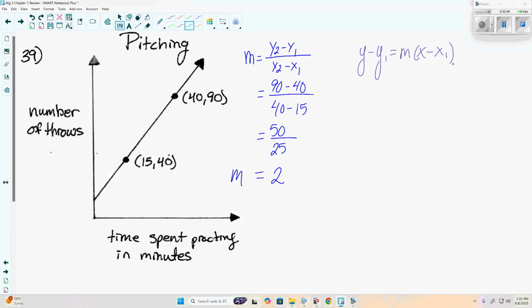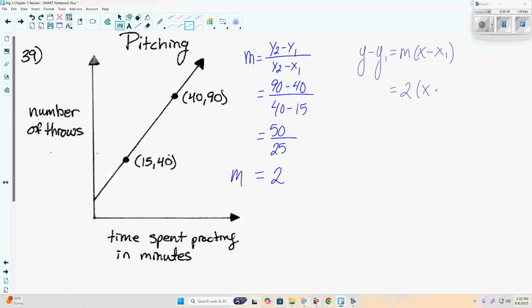Now, we want to get the equation in y equals mx plus b form, the slope-intercept form. But they don't tell us the y-intercept. Now, we could use the slope to slowly work our way back there, but it's going to be easier to just use point-slope form to get there.